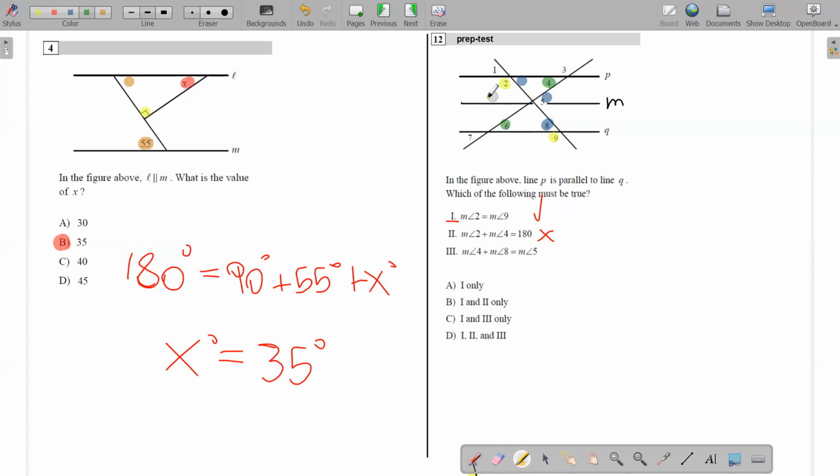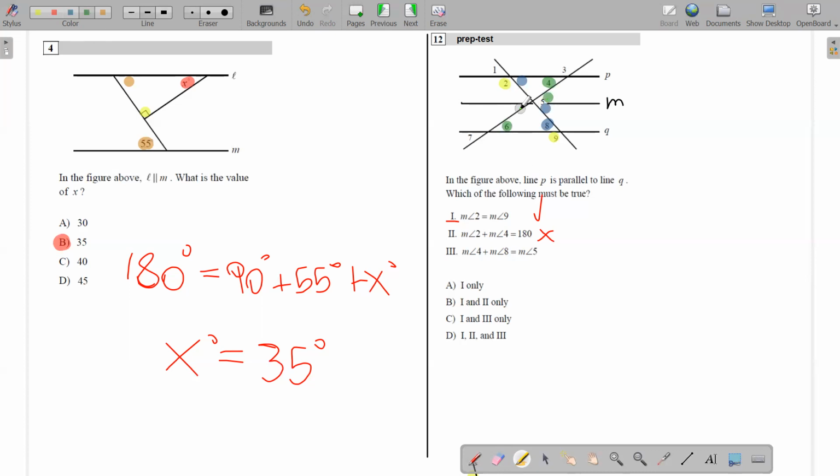So when I draw the line M, this angle corresponds also to this angle. For all these principles, my statement is true. Let me fix something. I made a little mistake. 8 is here, and the 4 is here.